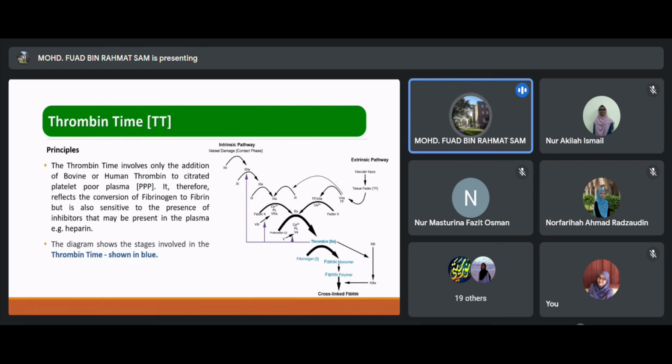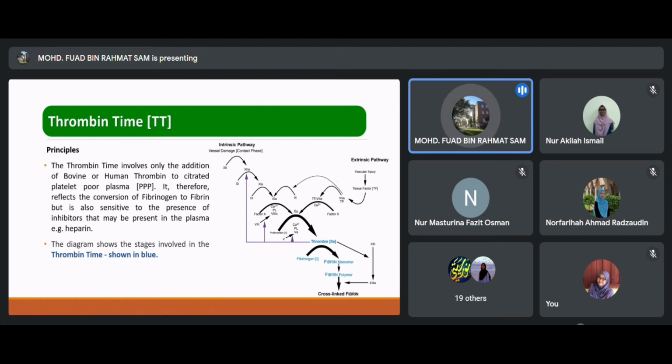Okay, so in principle, the thrombin time involves only the addition of bovine or human thrombin to saturated platelet poor plasma. It therefore reflects the conversion of fibrinogen to fibrin, but it's also sensitive to the presence of inhibitors that may be present in the plasma, for example, heparin.